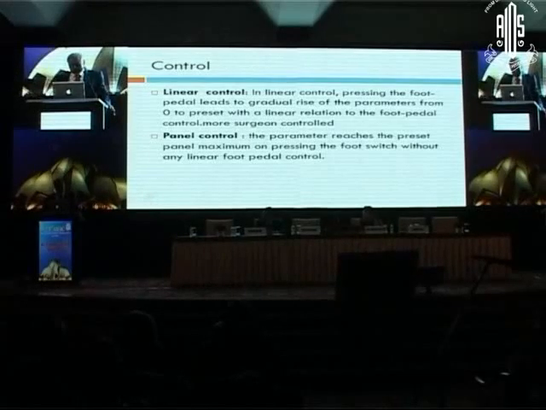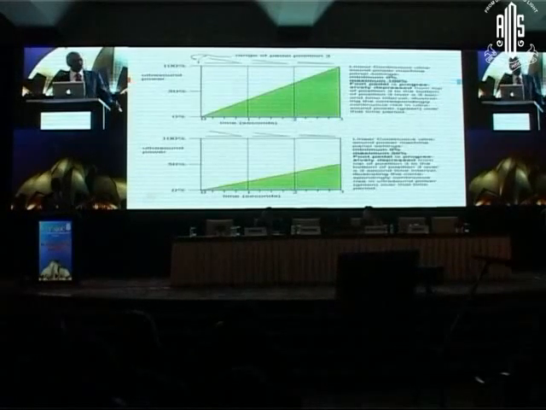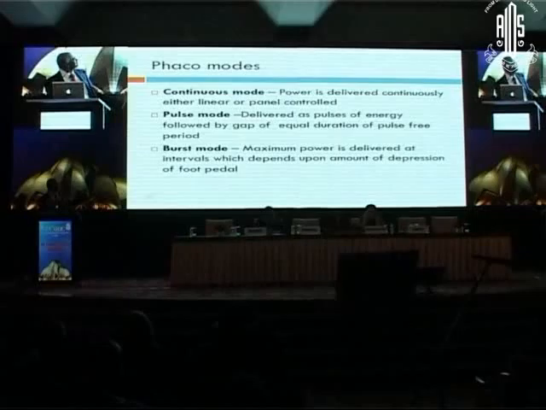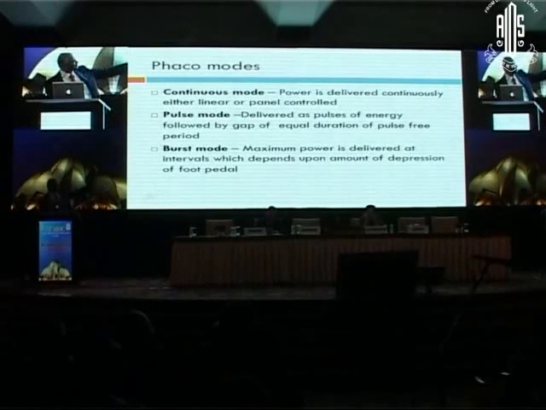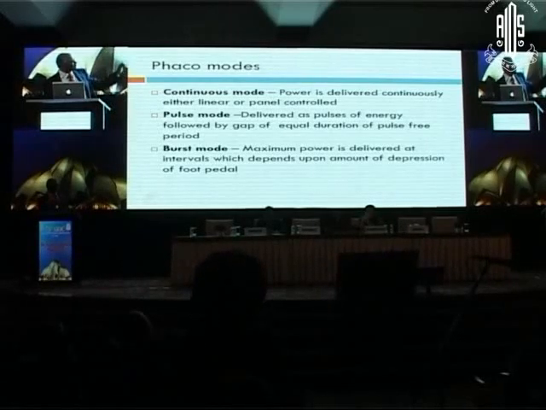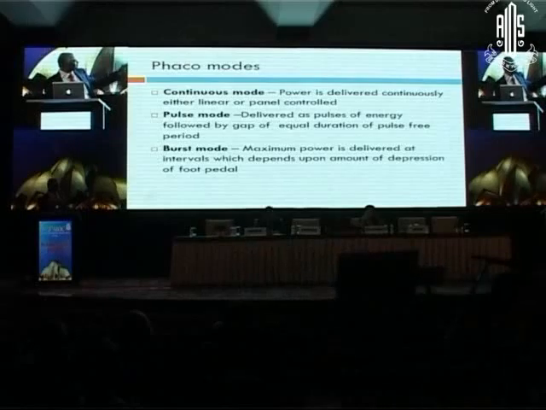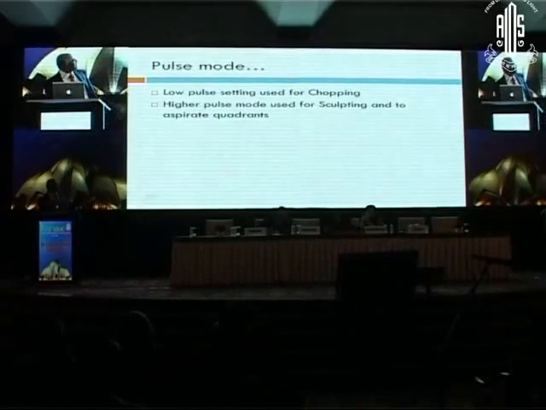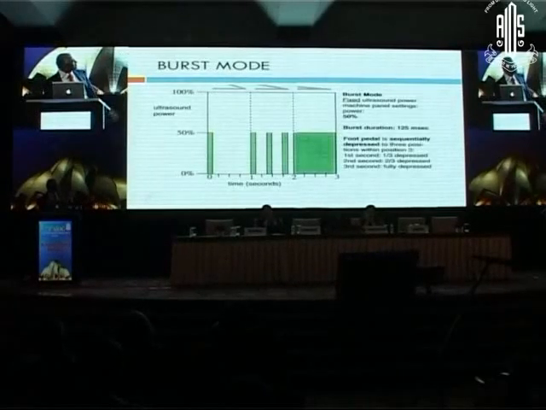Now this is the range of the phaco modes: the continuous mode, pulse mode and burst mode. In the burst mode, maximum power is delivered at an interval which depends upon the amount of depression of the foot pedal. So that is the burst mode. Here you can see the pulse mode, and in between this is a pulse mode, this is a burst mode.